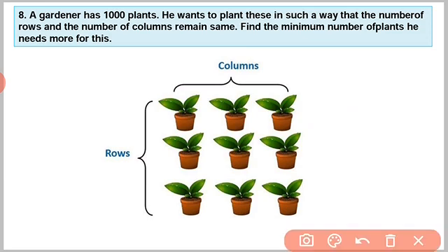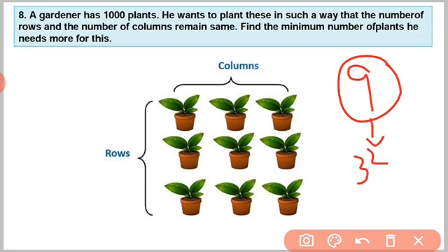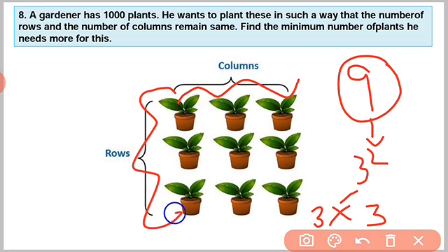There are total 9 plants, and we know 9 is a square number and it is a square of 3, and 3 squared can be written as 3 multiply 3. We can see that here are 3 columns and 3 rows.